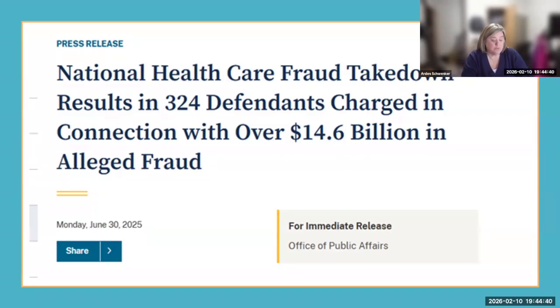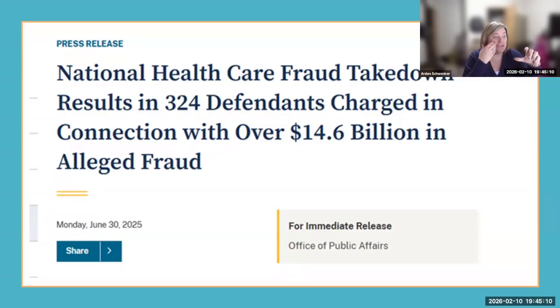So compliance really ramped up with the use of AI. Imagine that. In 2025, the National Healthcare Fraud Takedown resulted in 324 defendants charged in connection with over $14.6 billion in fraud. This was the largest fraud in US history.